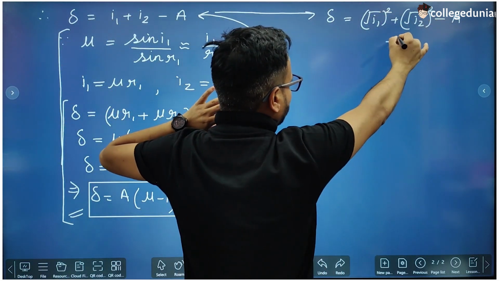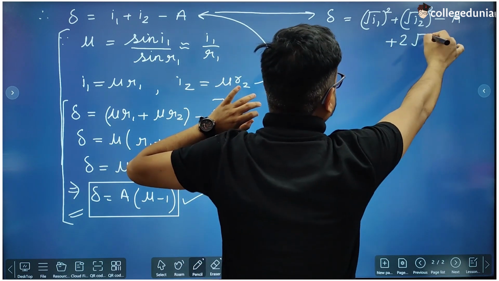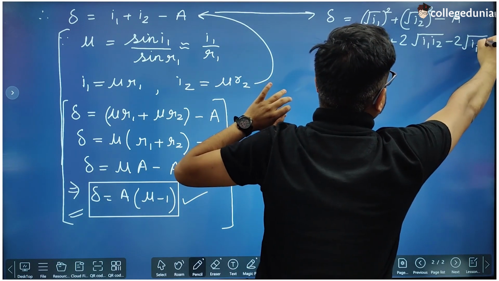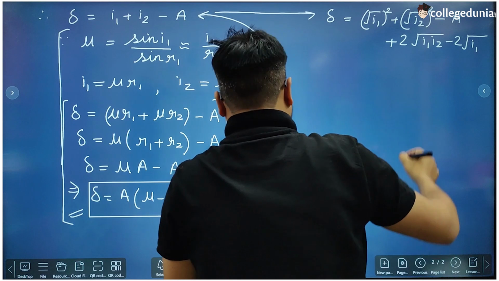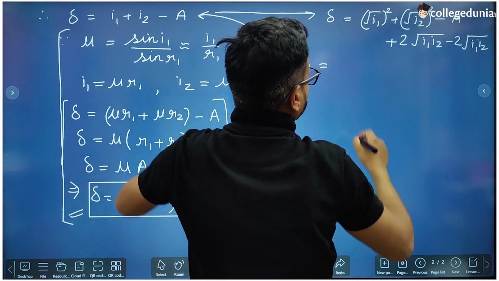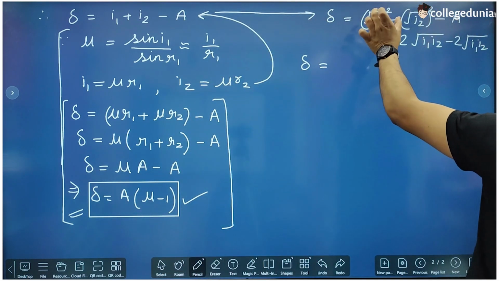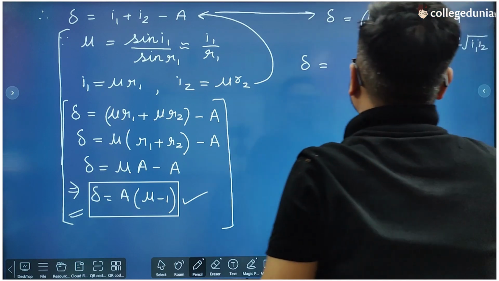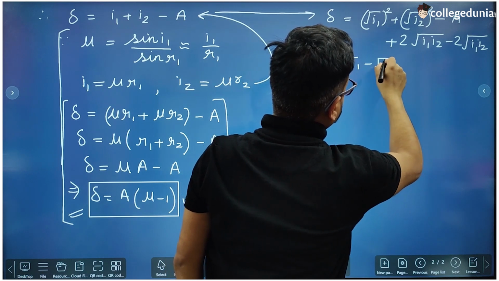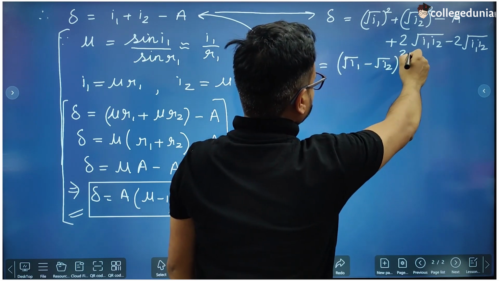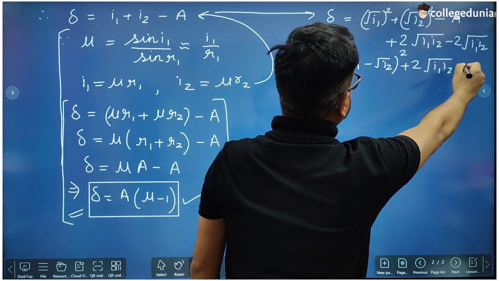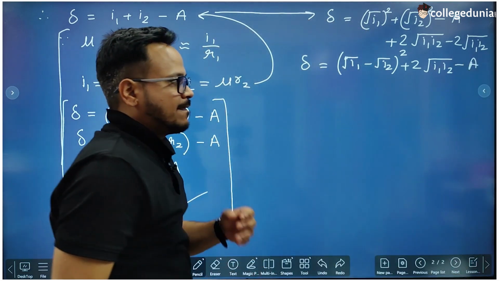In this we add 2 under root I1 I2 and subtract 2 under root I1 I2, because we can add or subtract the same thing, that won't make any difference. So delta is a square plus b square minus 2ab. These three terms will give us under root I1 minus under root I2 whole square, plus 2 under root I1 I2 minus A, right?